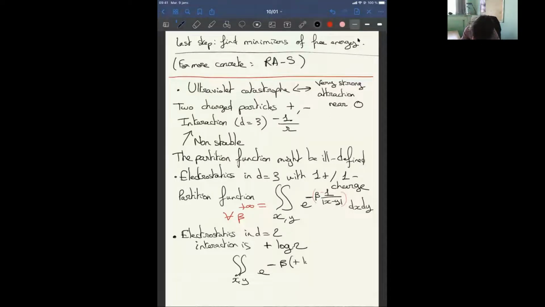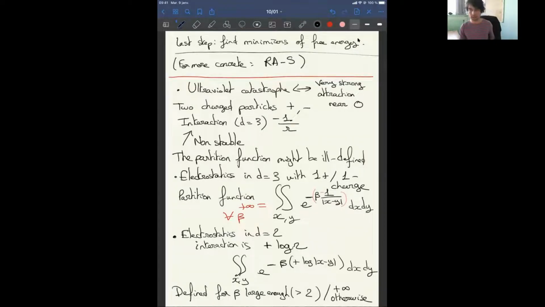Sorry, plus log R. If you change coordinates and so on, you'll see that this is defined for beta large enough, I think larger than 2, maybe strictly, and plus infinity otherwise. So here's an example of a system that's well defined only at large enough temperatures.